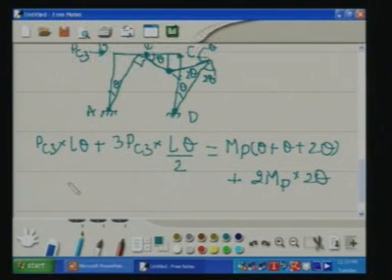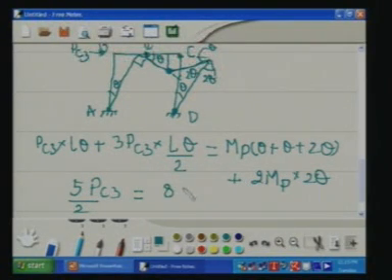So, if we take, it will become 5 PC3 by 2 will be equal to here 4 MP, and this is equal to 2 plus 2 4, 8 MP.